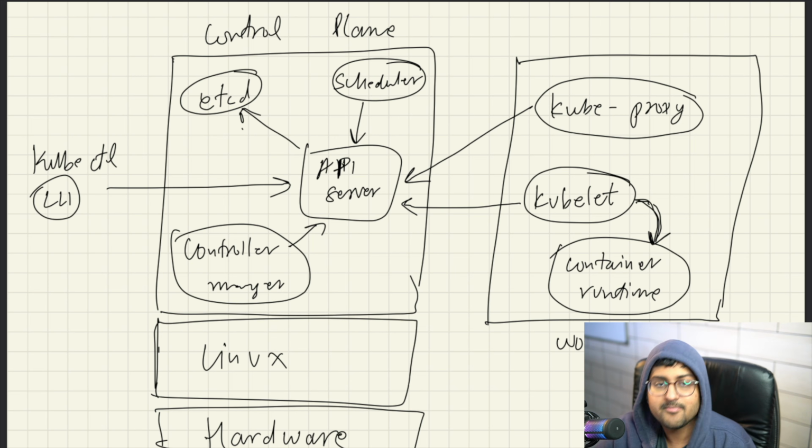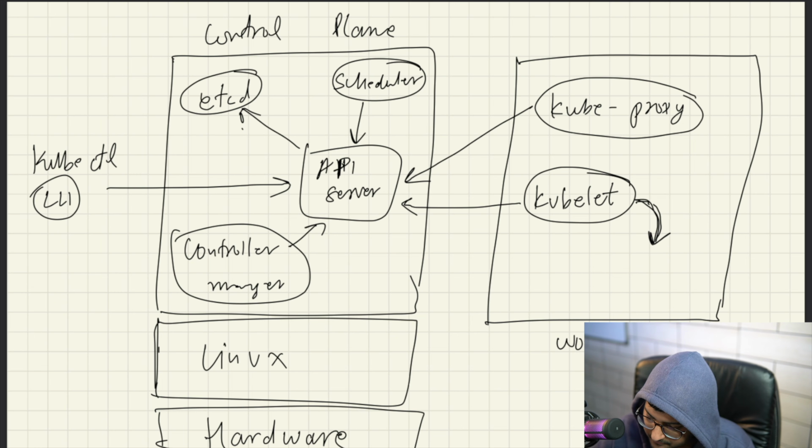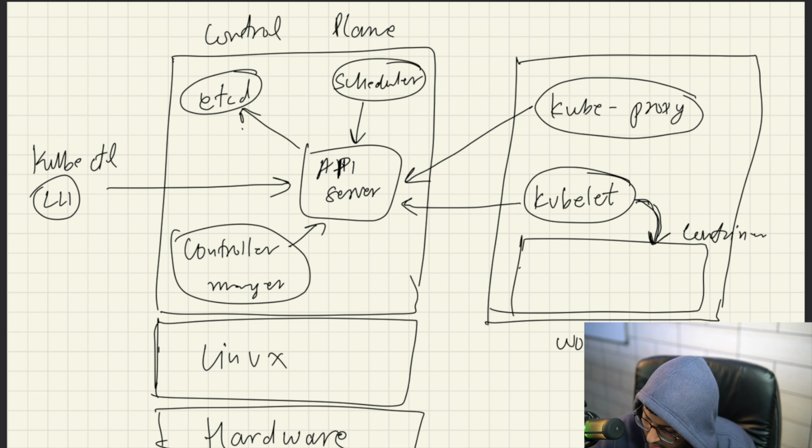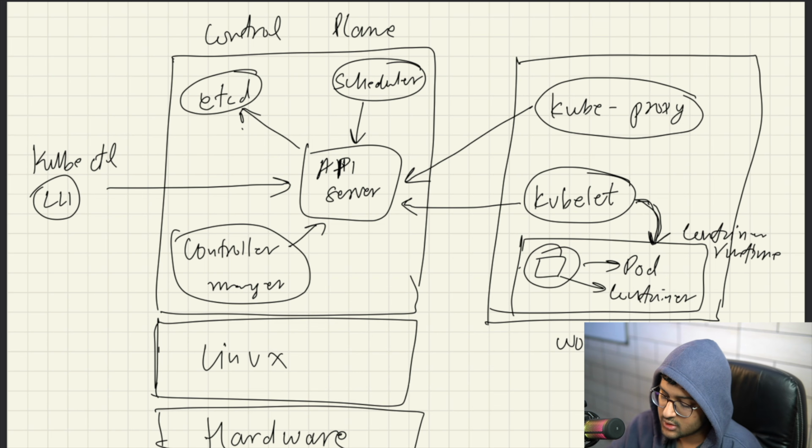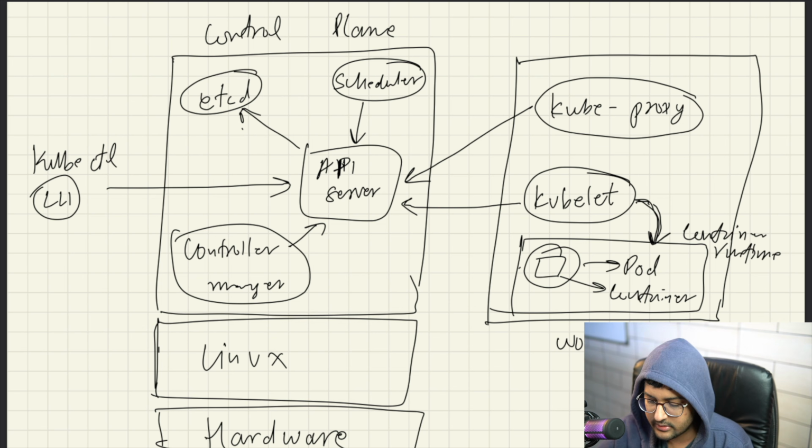If by chance it is not able to do it, that's why it's communicating with the container runtime. This is actually where your container runtime is, let me write it in a different way. This is a pod. This is a container. Now it makes more sense. So it will always listen to the API server and say, okay, I can schedule it on my own, no worries.